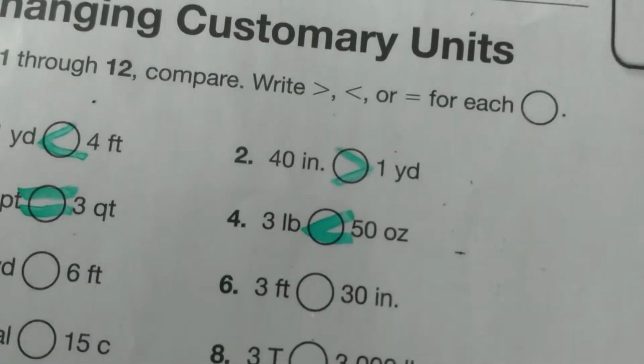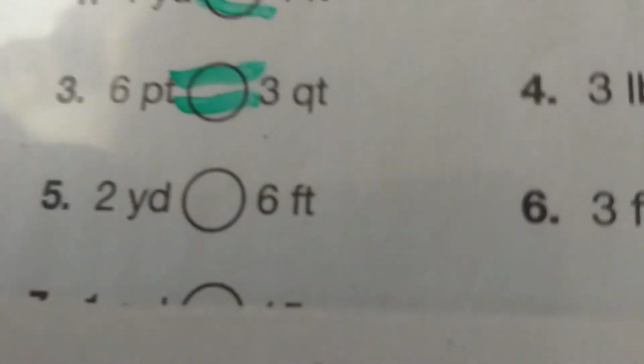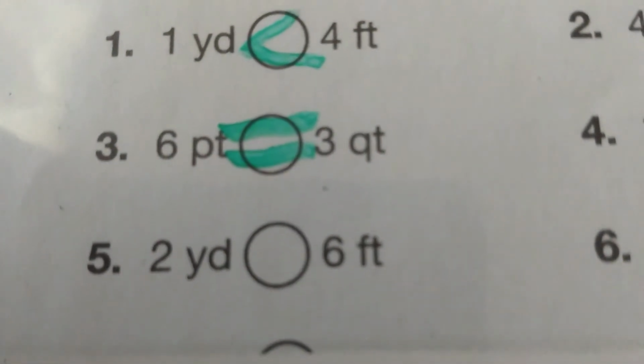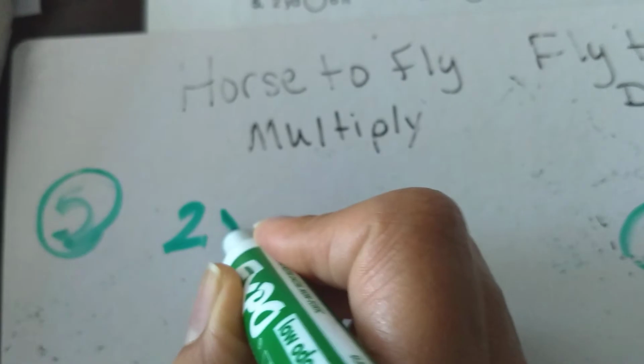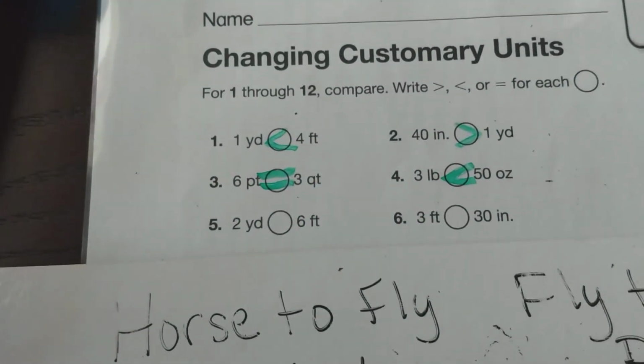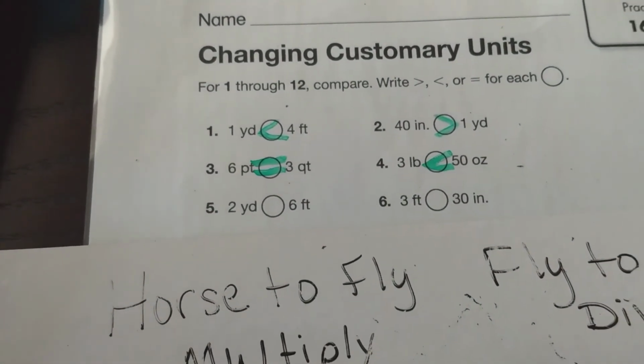All right, next we're moving on to problem number 5. Problem number 5, 2 yards is equal to, not equal to, but it might be equal to, less than, or greater than 6 feet.